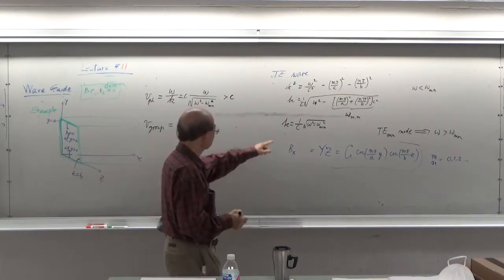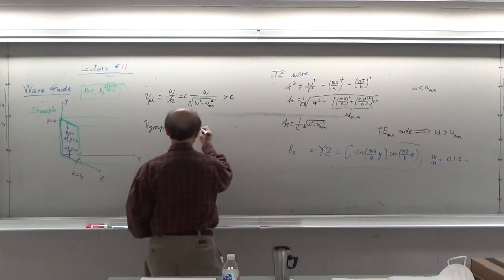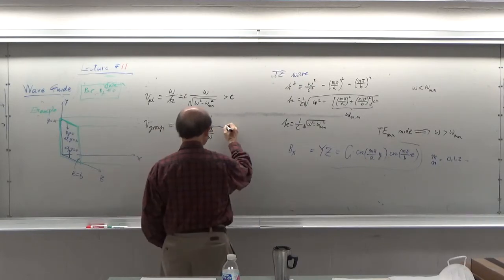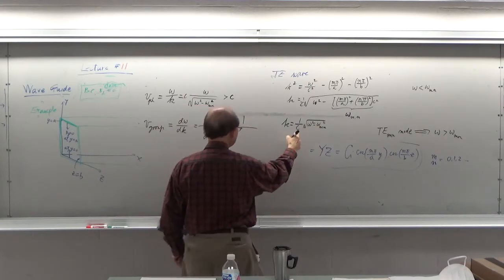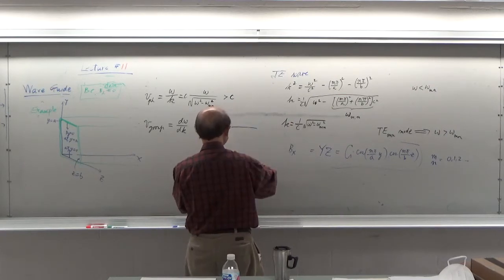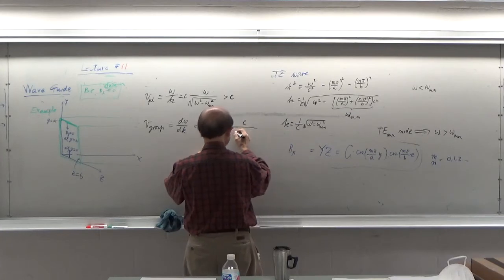Since I have just given k in terms of omega, let me put this as the reciprocal of dk over d omega. And what's that equal to? Well, that is obviously c goes upstairs. The derivative of this is 1/2.